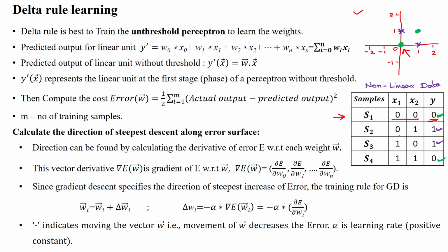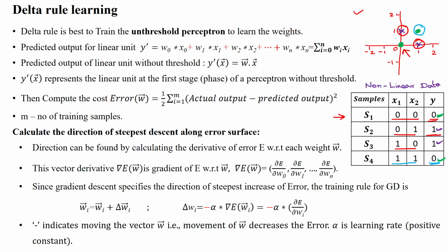Sample number 2, 0 comma 1, is the positive class, and I am using a cross mark for it. Sample 3 is 1 comma 0, which is also represented by a cross mark. Another one is 1 comma 1, which is negative class, represented by a green color dot. So here we have 4 data points in the plot.